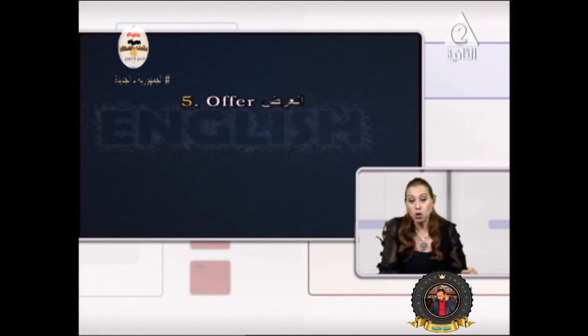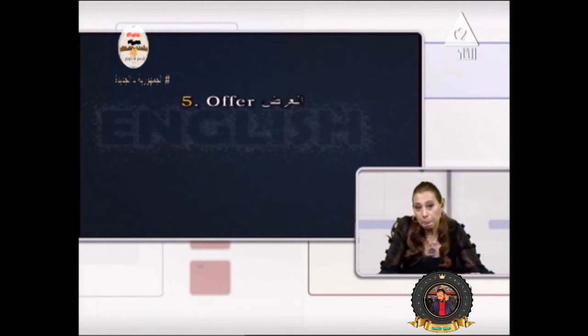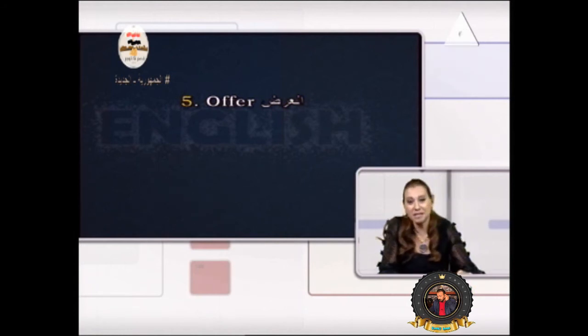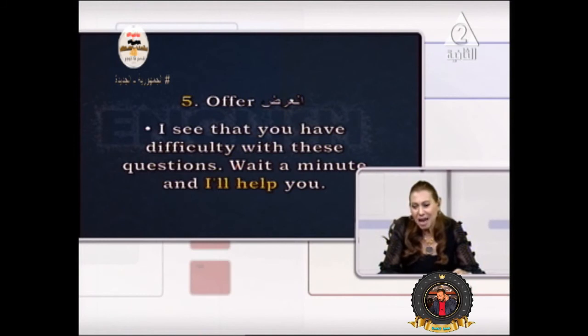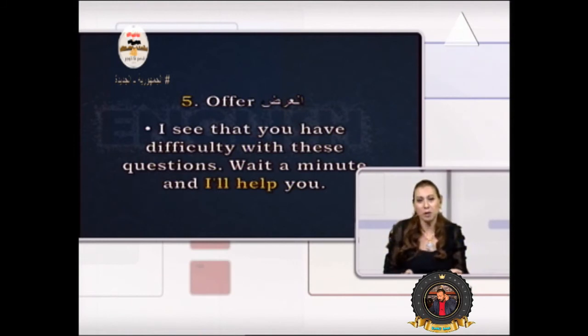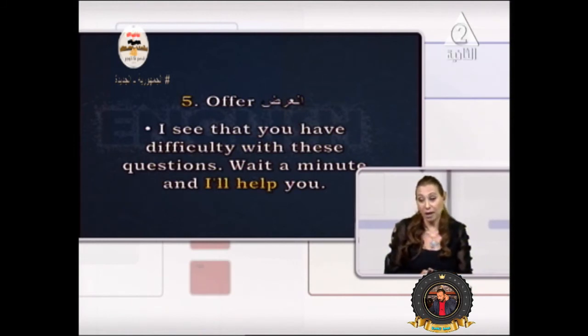ممكن نخش على point تانية بقى ونقول لو عندي offer. If I need to offer my friend something, أكيد هستعمل will لأنه why am I going to use be going to؟ أنا ممكن أقول لك I see that you have difficulty with these questions.